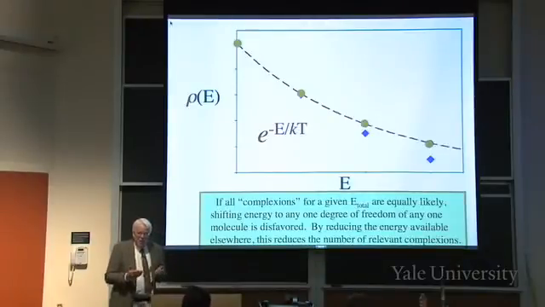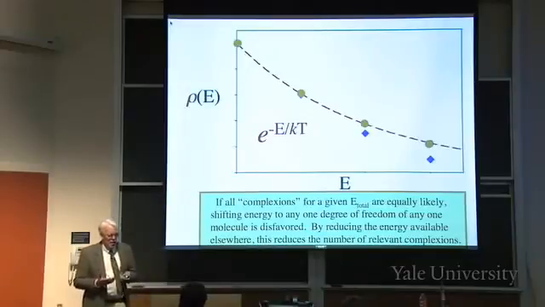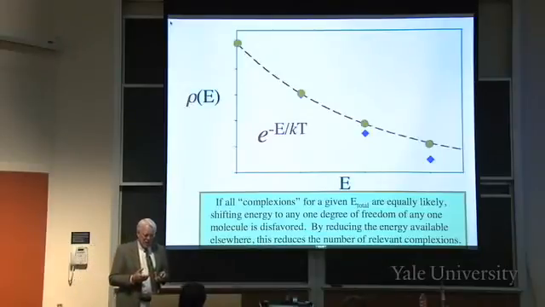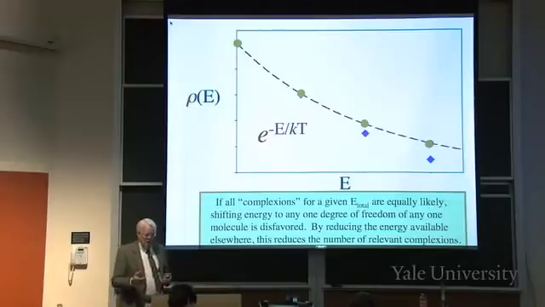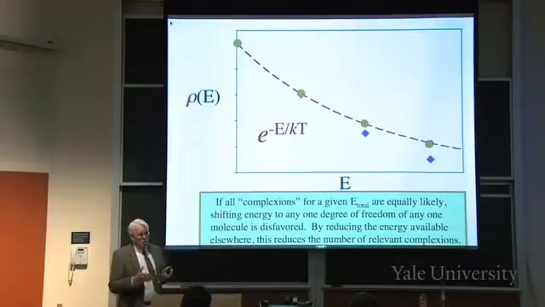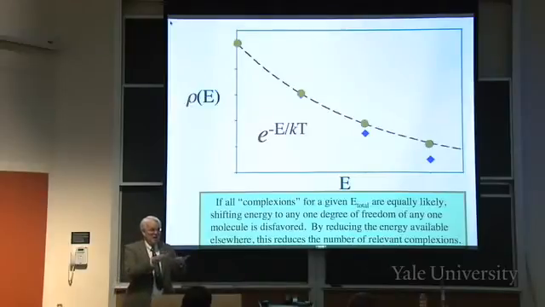And the idea behind it is quite clear. If all the complexions for a given total are equally likely, and that's what he assumes, it's random, they can be any place they want to be, then shifting energy into any one degree of freedom of one molecule is disfavored, because when you put more in one molecule, there are fewer ways to distribute the rest among the others.